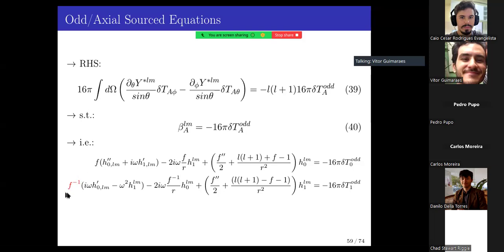But if you carry on the equations with an F here, you don't get to the correct Regge-Wheeler equations. I had to discover this by myself the hard way. So I'm giving this to you so you don't waste your time looking for the mistake. But if you compare with the Berti equation, this is correct, okay? But the book by Valeria has an error right here, okay?